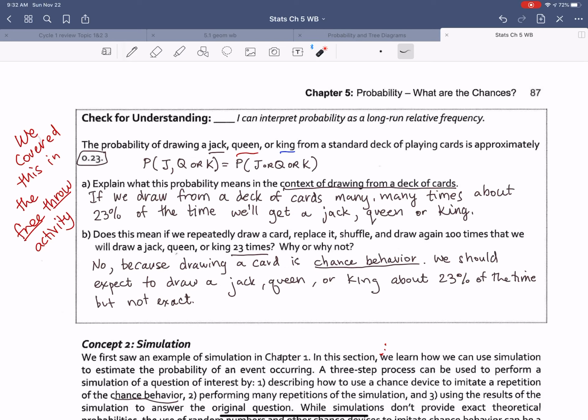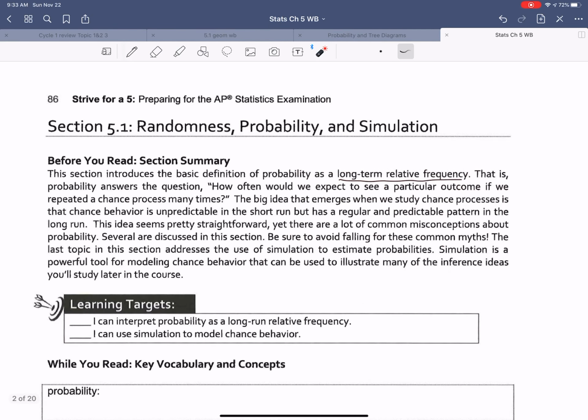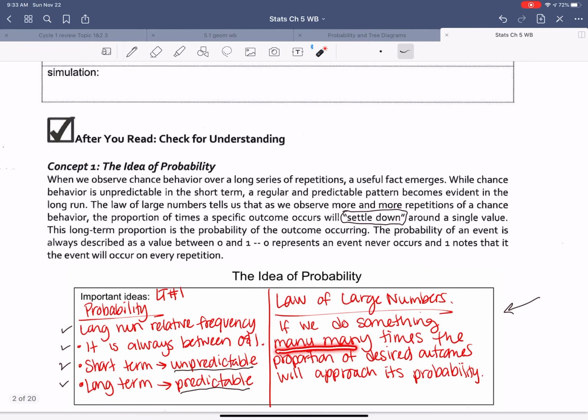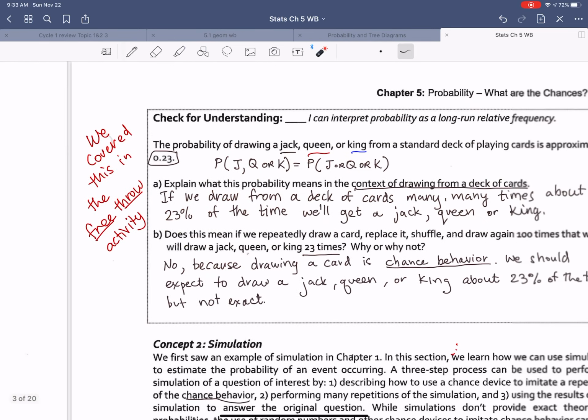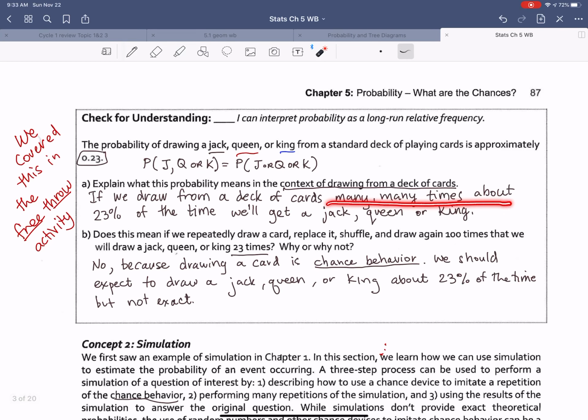Explain what the probability means in the context of drawing cards. If we draw from a deck of cards, because that's the act we're doing, and then back to our notes, if we draw many, many times, about 23% of the time we'll get a jack, queen, or king. And this word is very important.